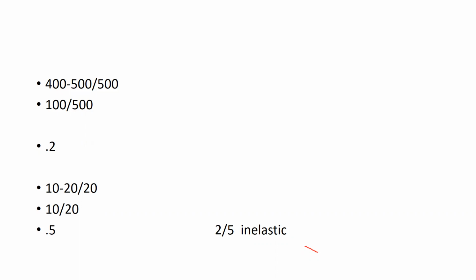The new price is 10 minus the old price of 20, over 20. I got negative 10 over 20, 0.5. So 0.2 over 0.5, or 2 over 5: inelastic. Less than 1, inelastic; 1, unit elastic; greater than 1, elastic.